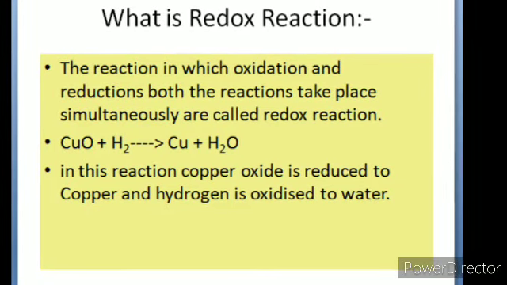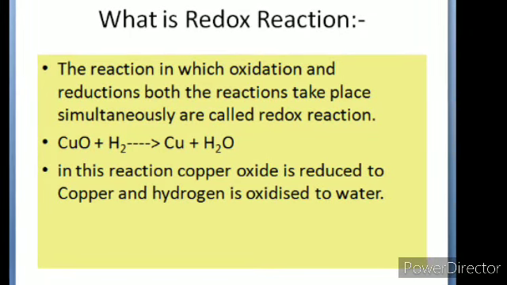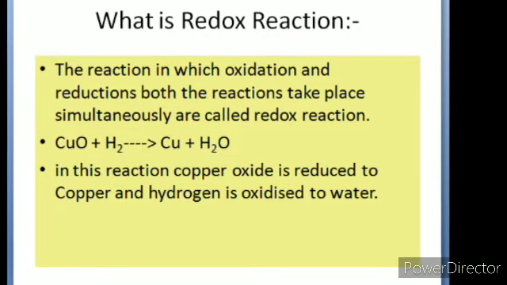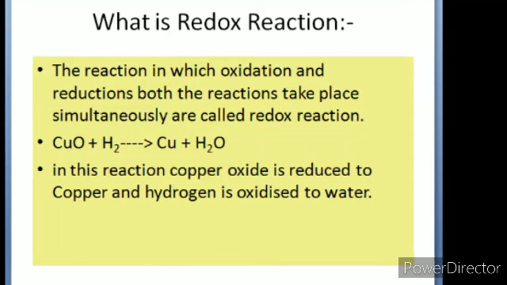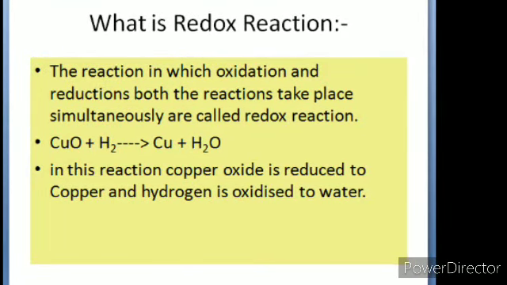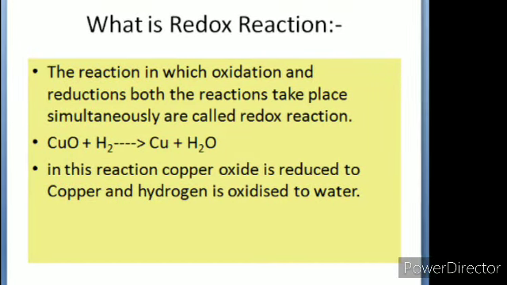Here we discuss one example. In this, copper oxide reacts with hydrogen gas to form copper and water. Here copper oxide loses its oxygen, and hydrogen gas gains that oxygen to form water. So this is an example of redox reaction.